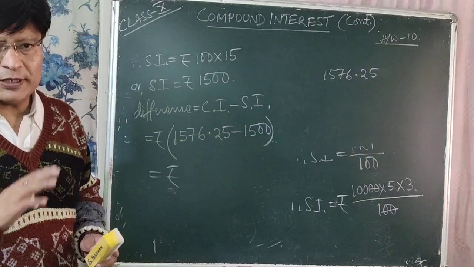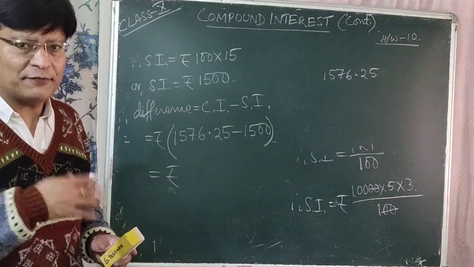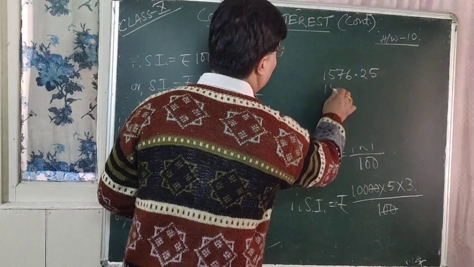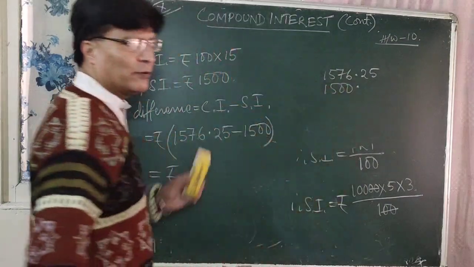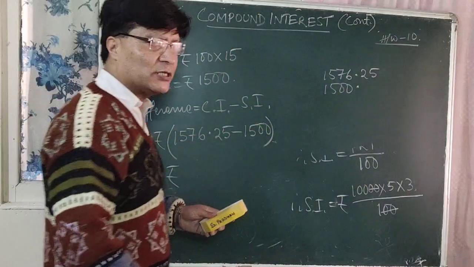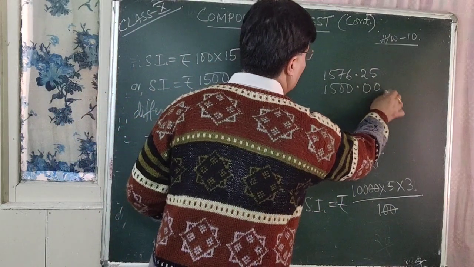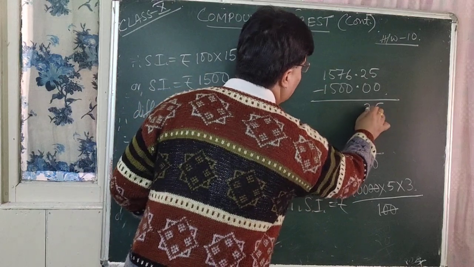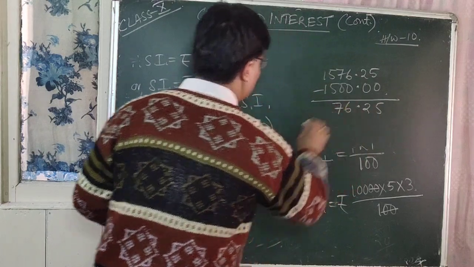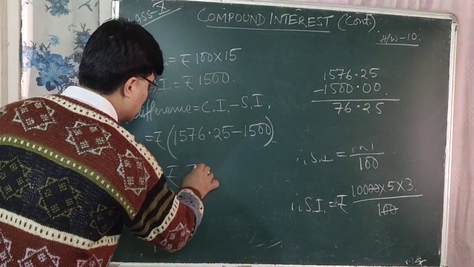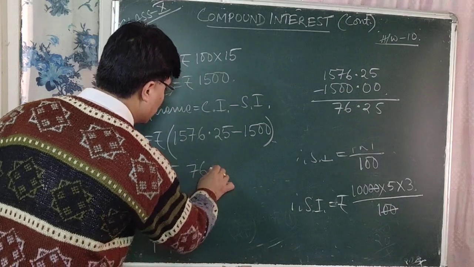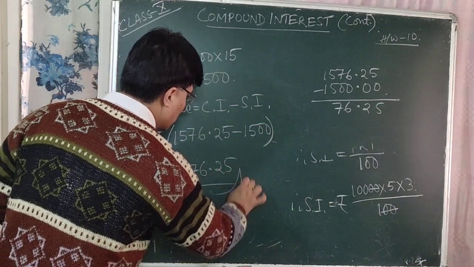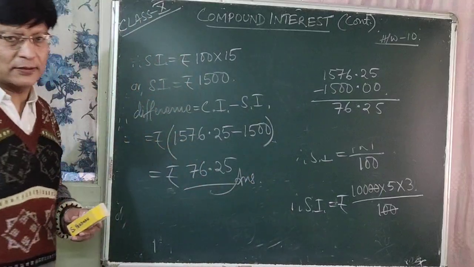That means the decimal point is after the number, that is after 1500. So write down 1500 point. If you write point, you can add any zeros after the decimal point here. So write 2 zeros, and then subtract it. So it is 76.25. So this is the final answer.